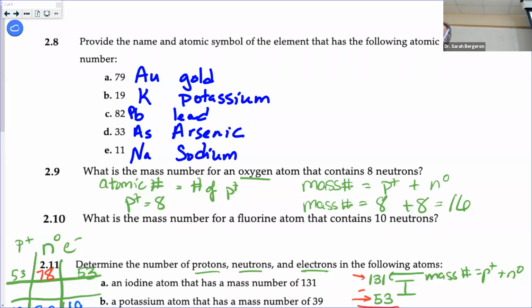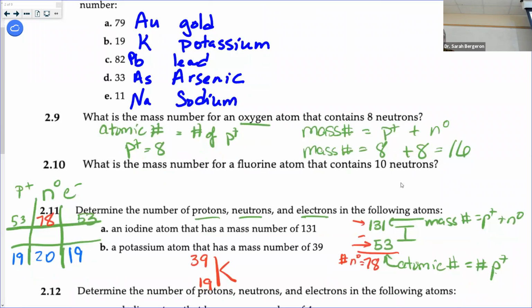All right. Okay. What is the mass number of a fluorine atom that contains 10 neutrons? So we have a fluorine atom, that's symbol F, contains 10 neutrons. Whenever we look at a symbol, we're going to put two numbers with that symbol: an atomic number and a mass number.